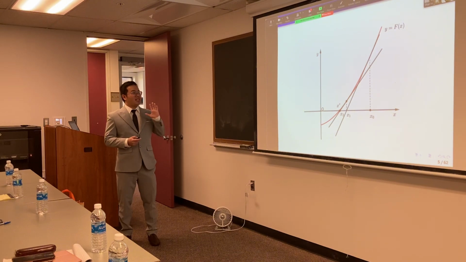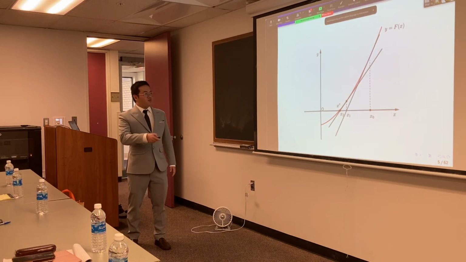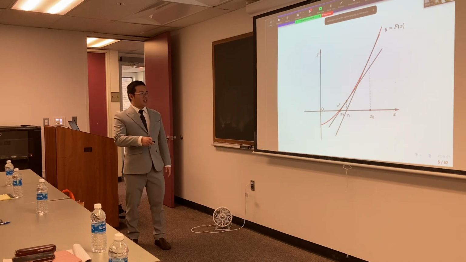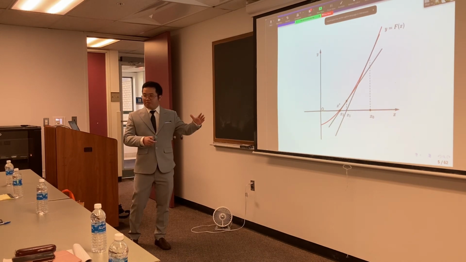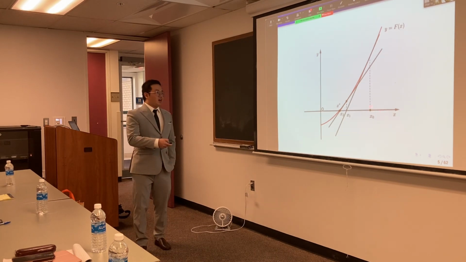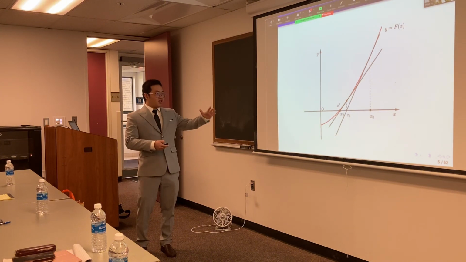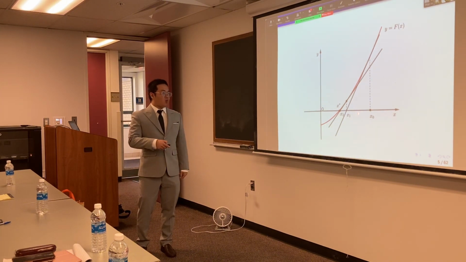And here is the basic idea of the Newton method. When we want to find the solution of the equation, that means we need to find the intersection between the x-axis and the graph of this function. This means I will start at x0 and sketch the tangent line, and then the tangent line will cut the x-axis at x1.